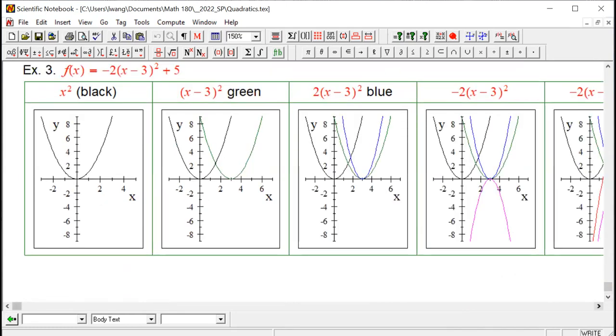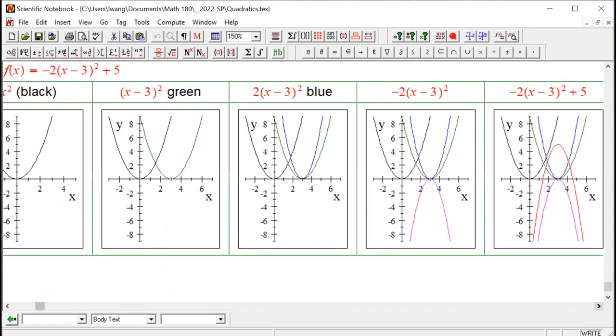And last but not least, we shift to the right by 3 units. We stay here at 3, 0. We flipped over, and then we shift up by 5 units. So what should the vertex be? At 3, 5.